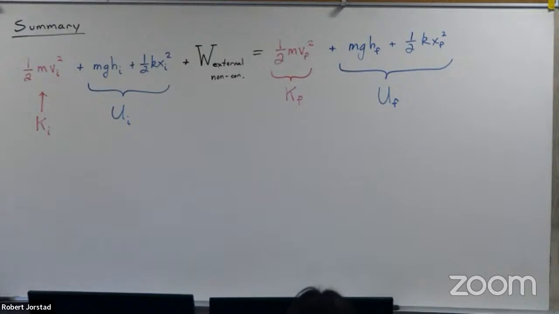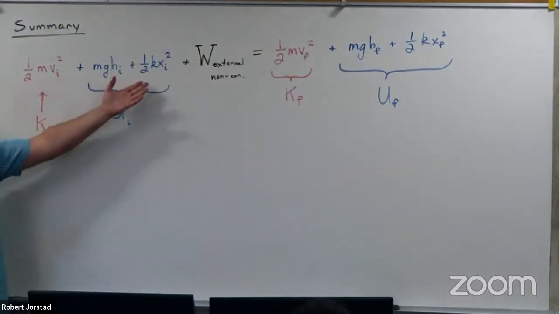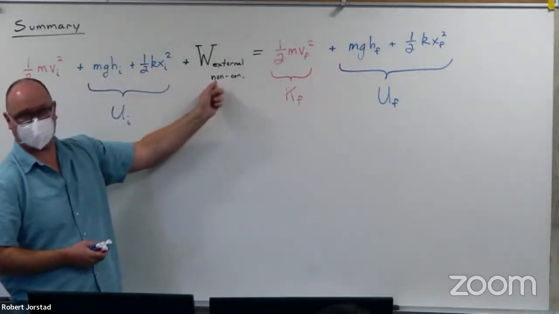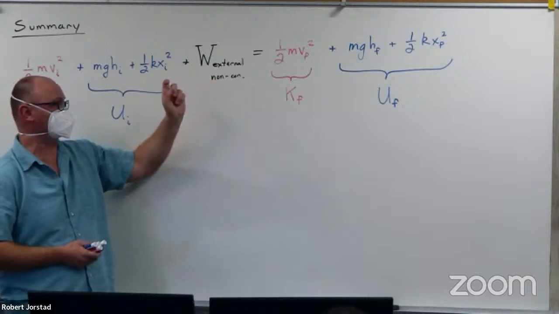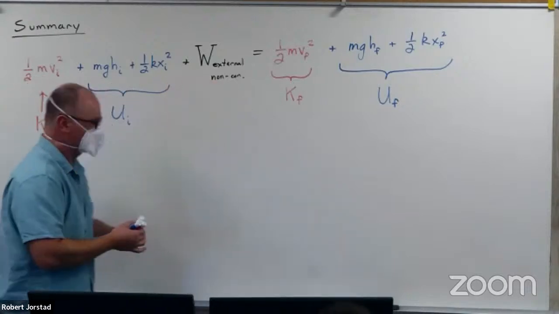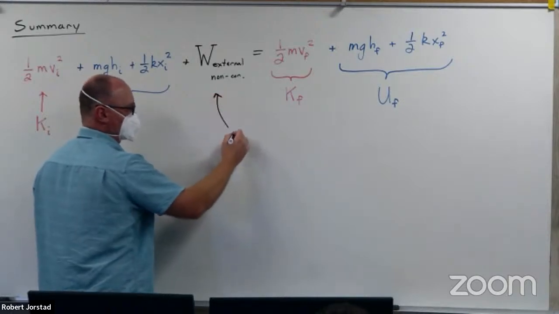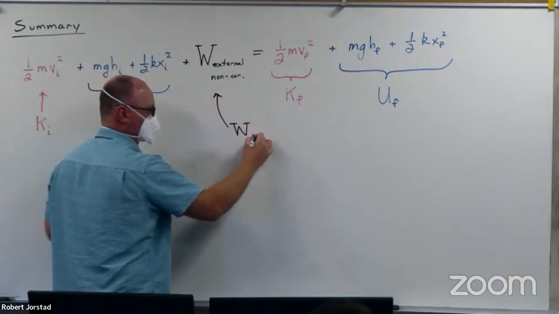And then here's what we're doing. We're saying the initial amount of energy in these forms is equal to the final amount of energy. And then there may be a small change due to some friction or some other zombie pulling on it. So in here, we do the work done by friction.